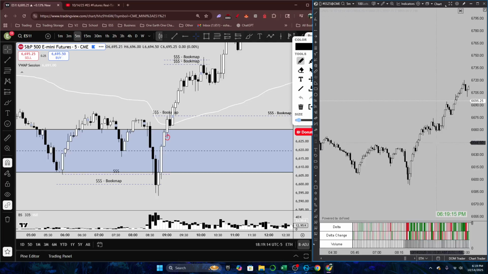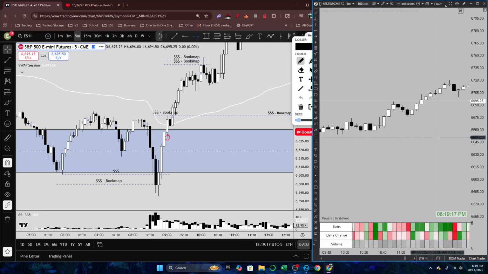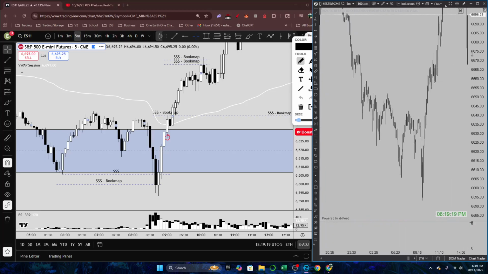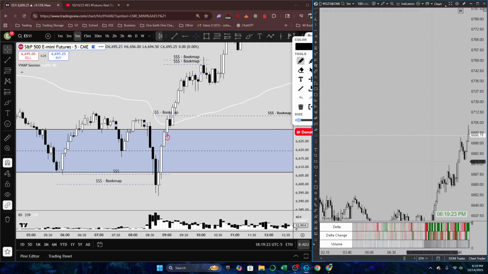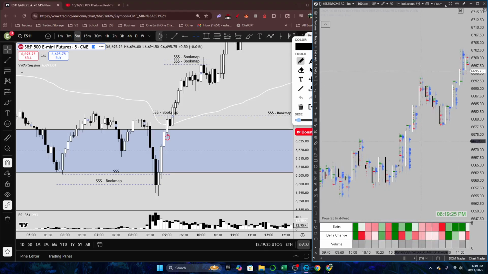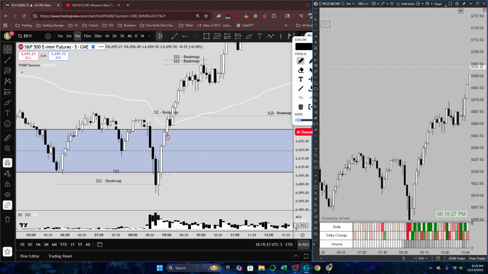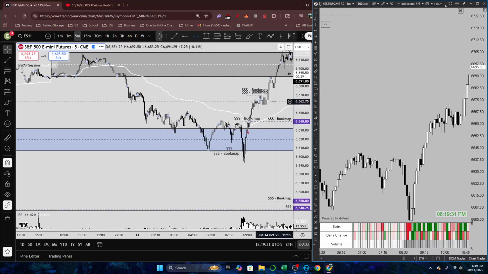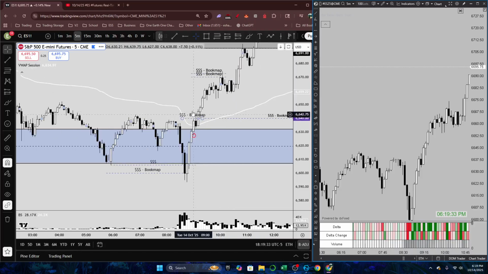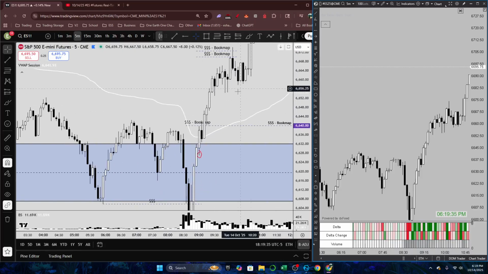Objectivity does work, and that's why order flow does make such a difference, right? Because there's actual objectivity behind everything that is involved. When you're simply looking at a candlestick chart, there may be objectivity, but there are different ways to perceive something, right?